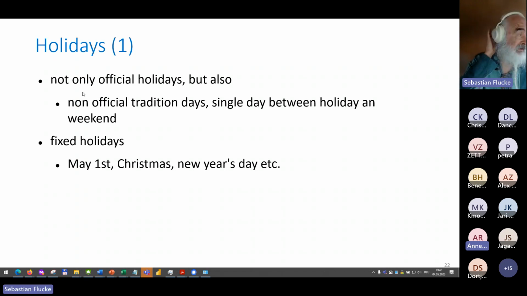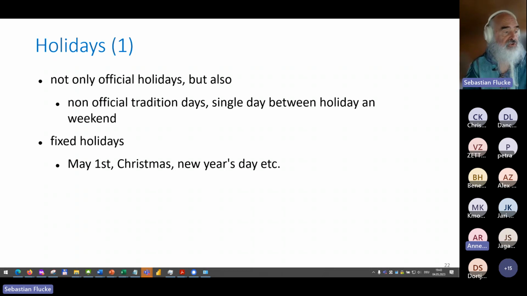Holidays that are important depend on the business you have to do. In some cases, not only the official holidays can be interesting to you, but also non-official tradition days or single days between a holiday and a weekend.